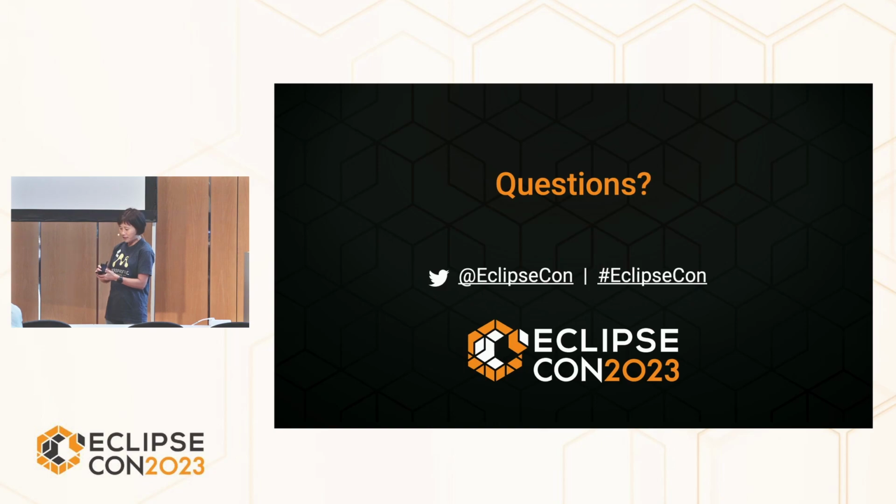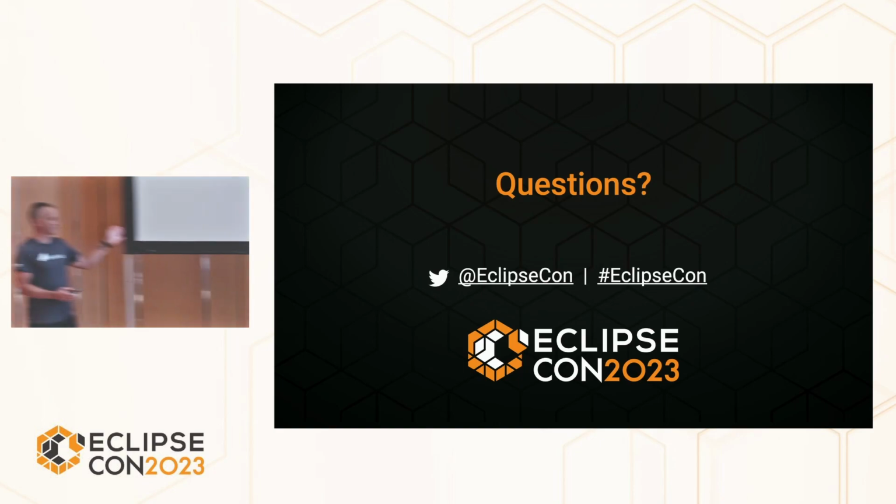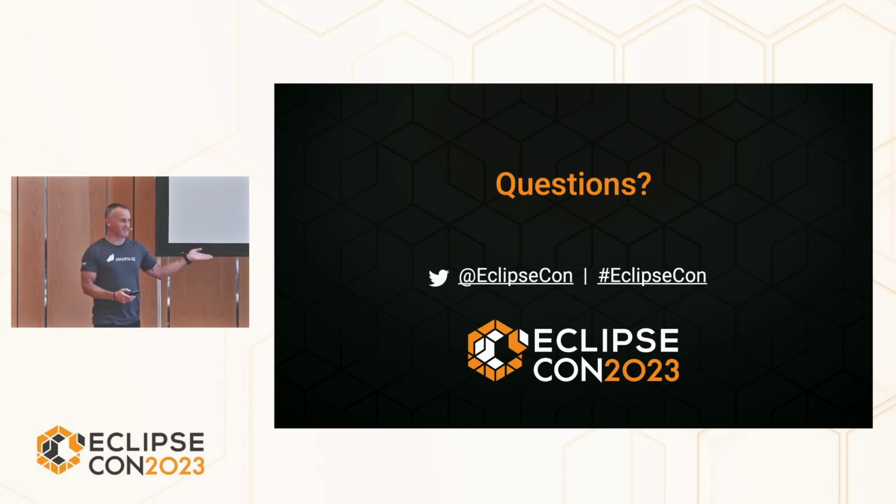So Ivar, for Jakarta EE 11, when will 11 be coming up? Oh yeah, I forgot to put that on the slides. The short answer to that question is come to my session at 2:45, because those slides do have that date. But we expect it to be delivered before summer, depending on which part of the world you're in.